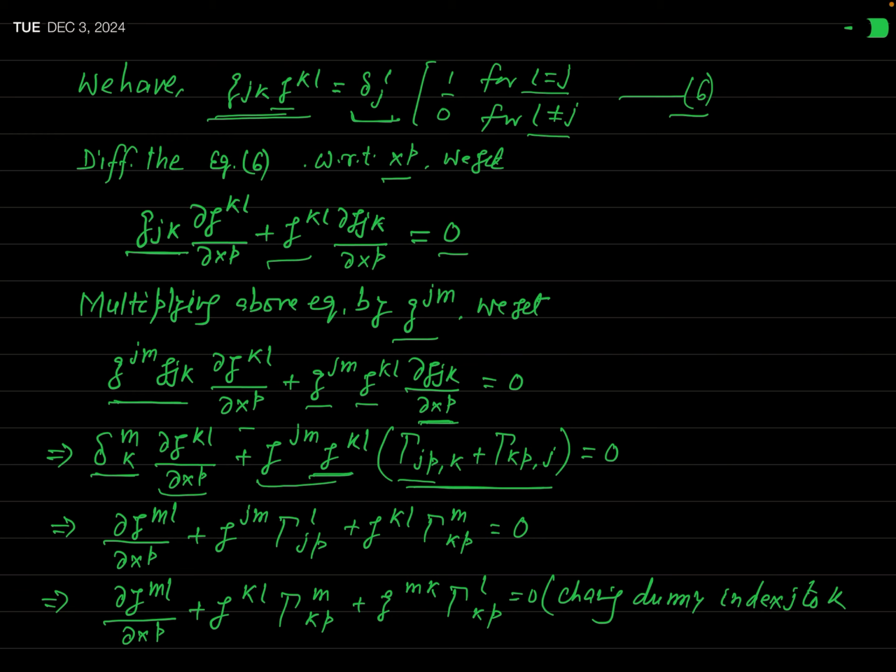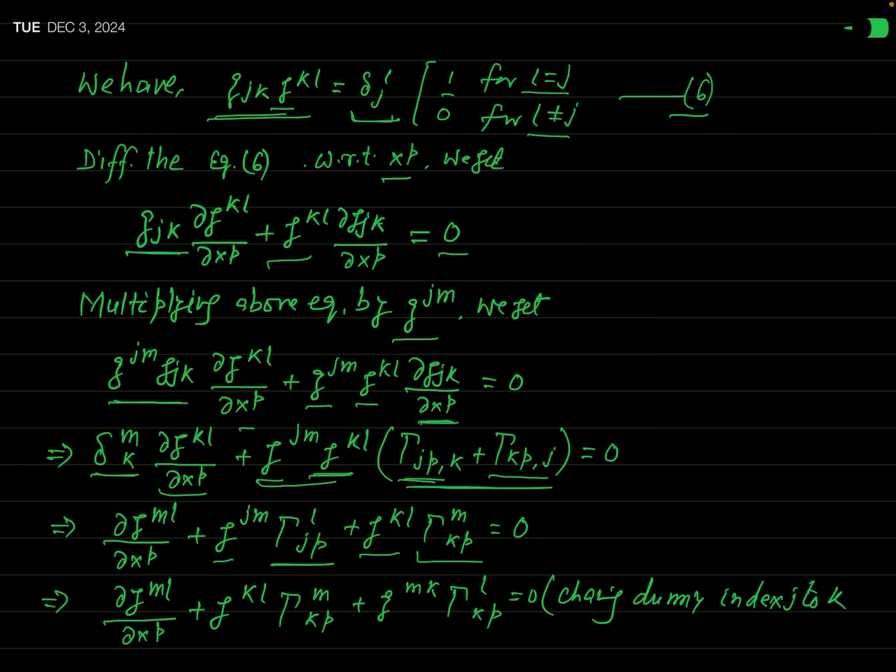This product g^kl times gamma jpk will be equal to gamma ljp, which is actually the Christoffel symbol of the second kind, and g_jm is attached. Now again, the product of g_jm and gamma kpj will be equal to gamma mkp, and here g_kl is attached.